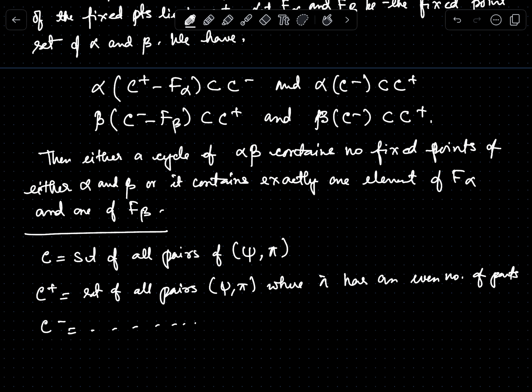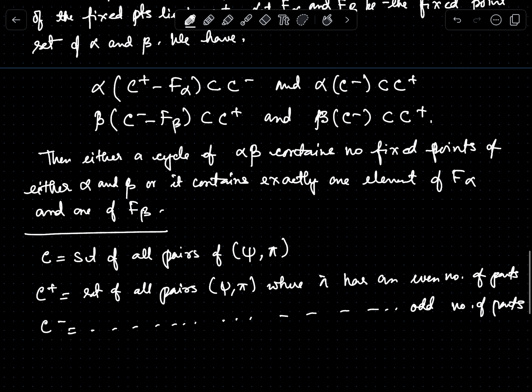And as you can guess, C minus is the set of all pairs psi pi where pi has an odd number of parts. Now this is a proper partition of C. Any partition pi into distinct even parts can have either an odd number of parts or an even number of parts. And this is going to be disjoint as well, because no partition can have an even number of parts as well as an odd number of parts, right?